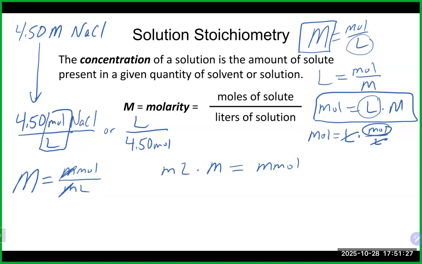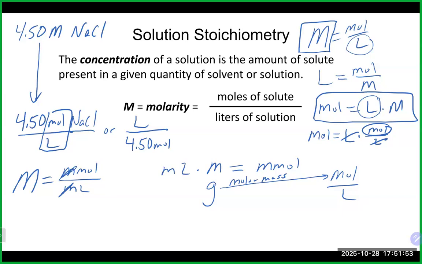Other common conversions that we use with molarity: in a lot of cases, you're given grams. So if you want to calculate the molarity, you need to convert grams to moles, and that's our molar mass from the periodic table. And very commonly as well, with the equipment that we use in the lab, most of the time volumes are given to you in milliliters.